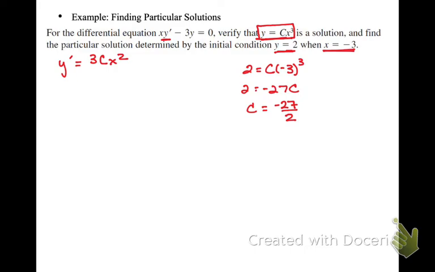Well, I was going to say, didn't we plug in 2 for y, but it's still y prime? Well, we plugged these into our initial equation, not into our y prime. I see. Not yet. So we found y prime was 3cx squared, but do we know c now?